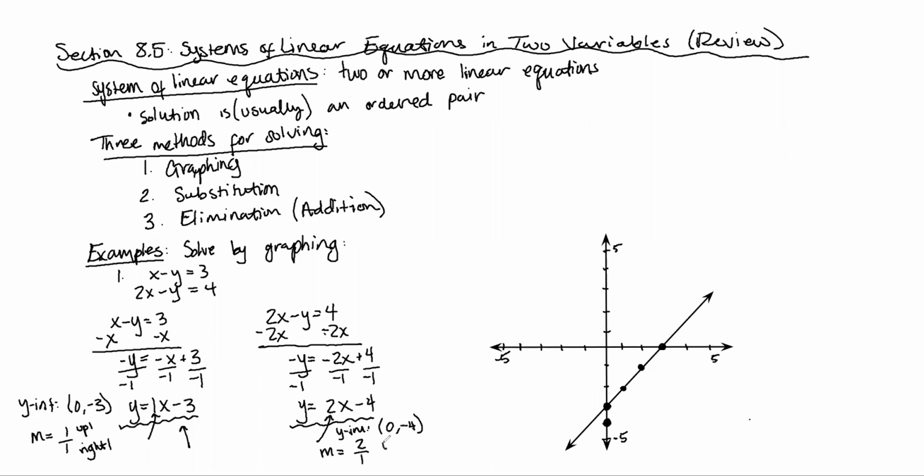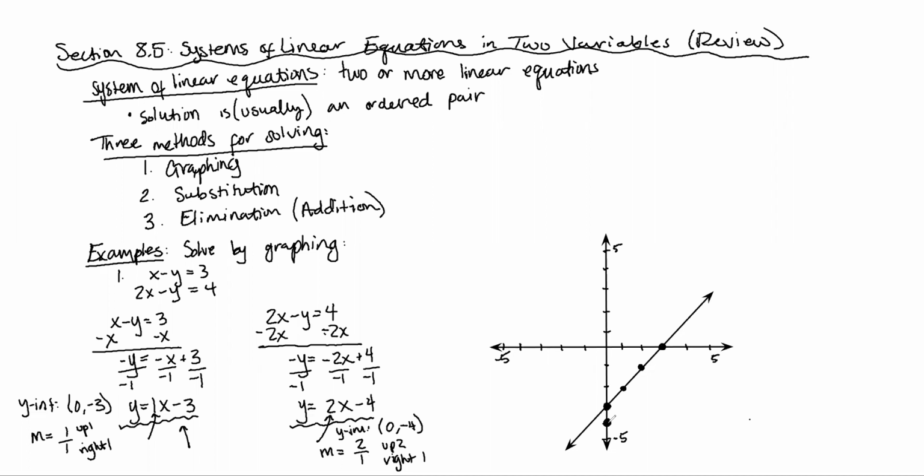Again, they're both positive, so we're going to go up 2, right 1. Notice how I'm not saying up 2 over 1. I'm specifying that we're going to the right because sometimes if there were a negative on the bottom, we would go to the left. So it's all dependent on that sign.